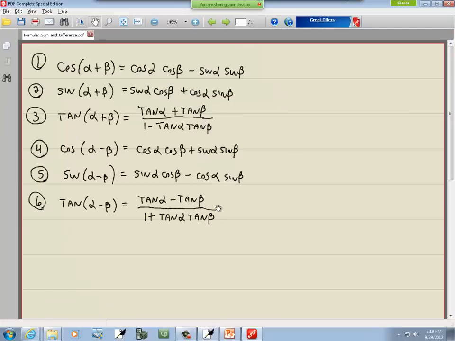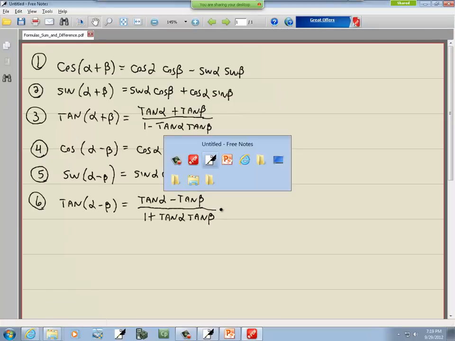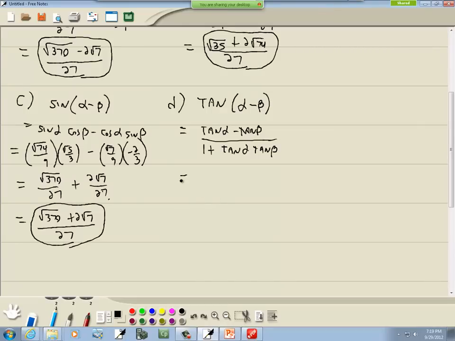Okay, 1 plus tangent alpha times tangent beta. Yeah, that looks right. Okay, so from our other sheet, we said tangent alpha was square root of 518 over 7 minus tangent beta, which is negative 2 square root of 5 over 5, over 1 plus tangent alpha, which is square root of 518 over 7, times tangent beta, which is negative 2 square root of 5 over 5.